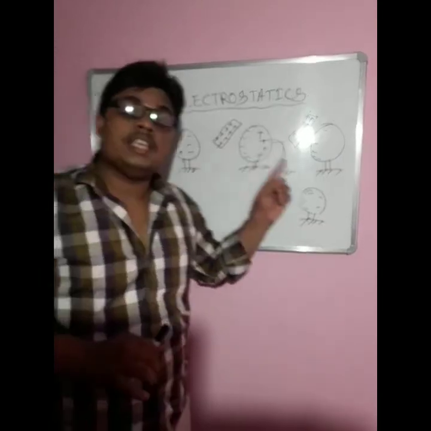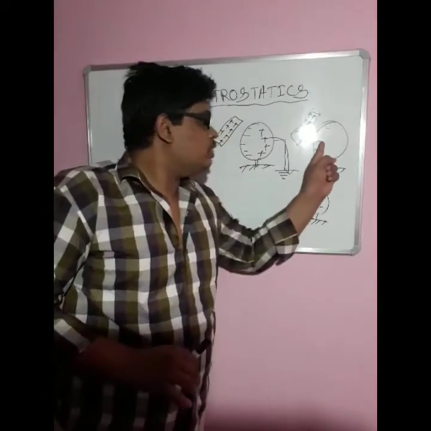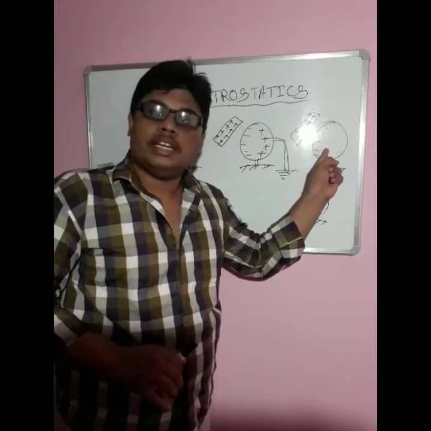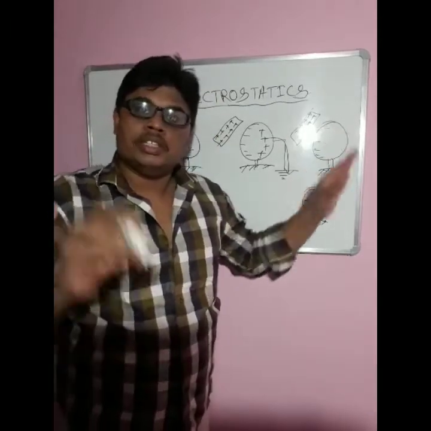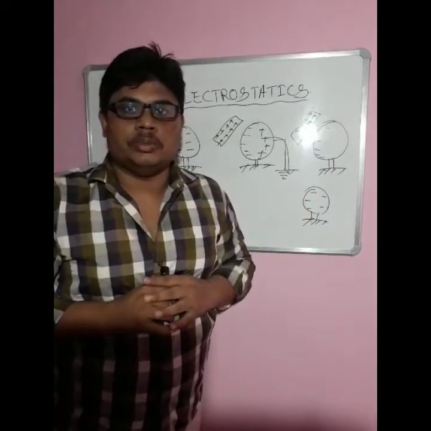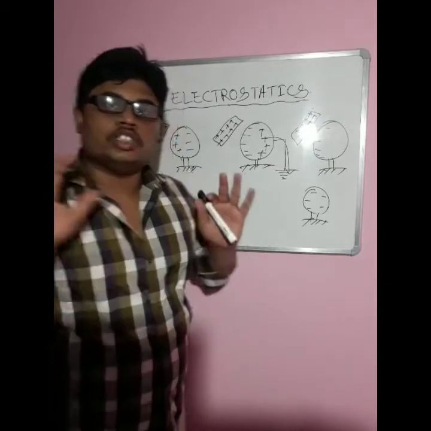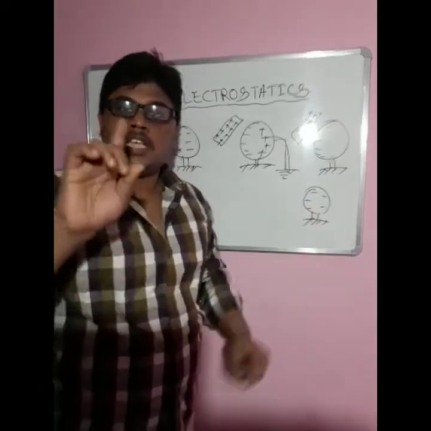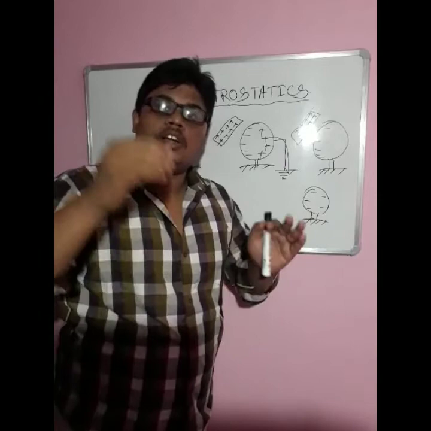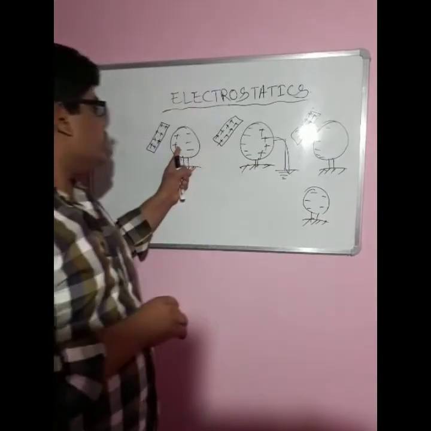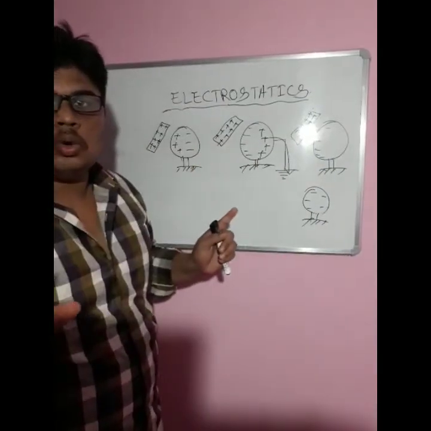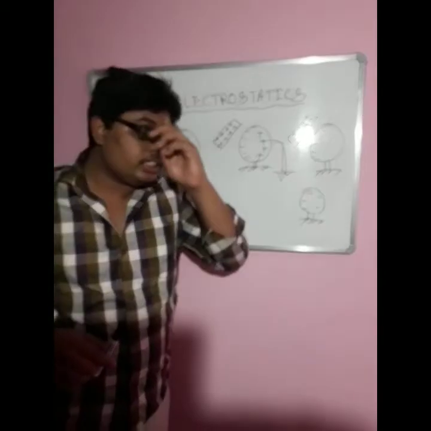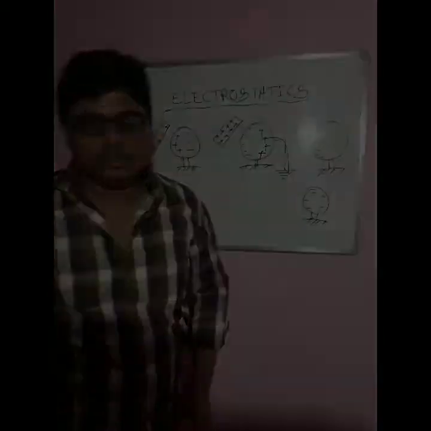But if a single charge moves, here see, only negative charge, if I touch this body, then current affects me. I get a shock. See, if a single charge is there, then current flows. If the body becomes neutral, then there is no current. Okay. This is the process of induction.